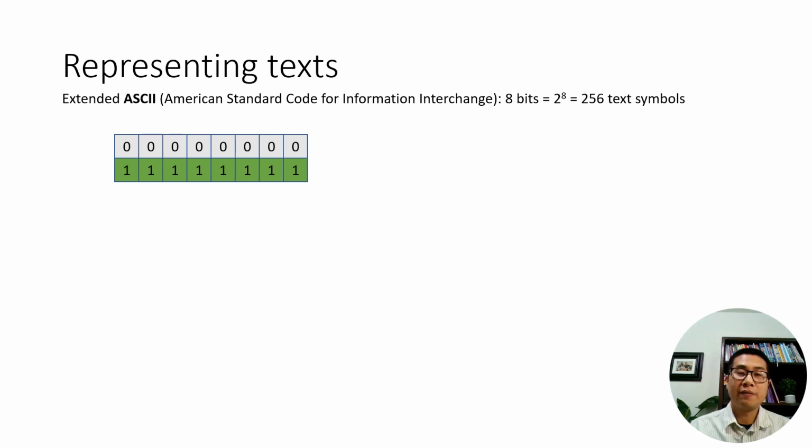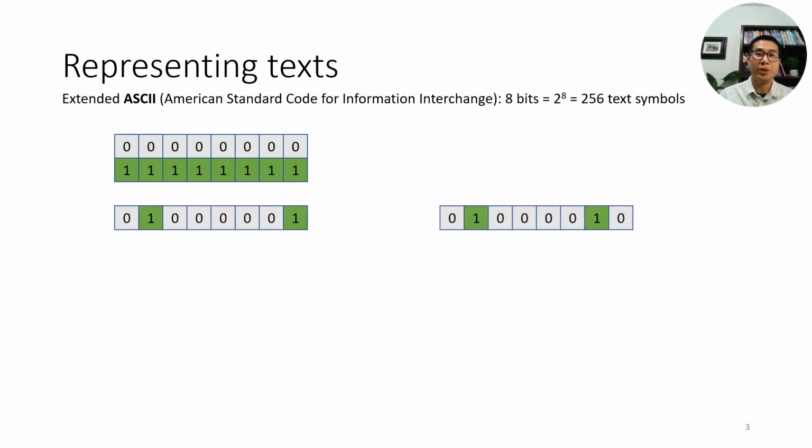Let's give some examples. We have an 8-bit sequence like this, which is 0, 1, then all 0s, and the last bit is 1. Another 8-bit sequence is 0, 1, then all 0s, then 1, and the last bit is 0.